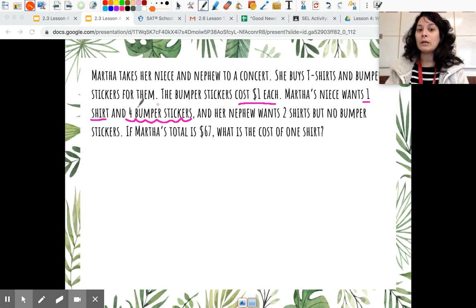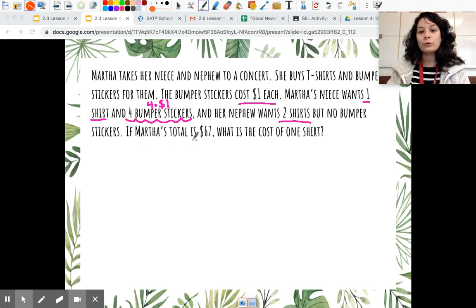So if I was to get my total for how much Martha paid for these bumper stickers, I could just multiply. I could do 4 times the $1, and that would give me the total cost. And her nephew wants 2 shirts, but no bumper stickers, so we don't even need to worry about that part.